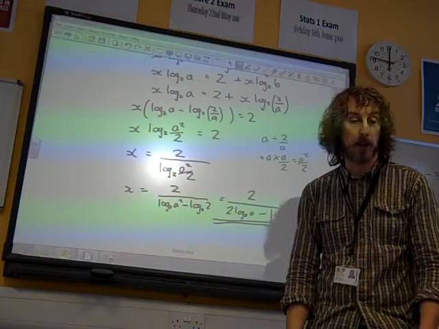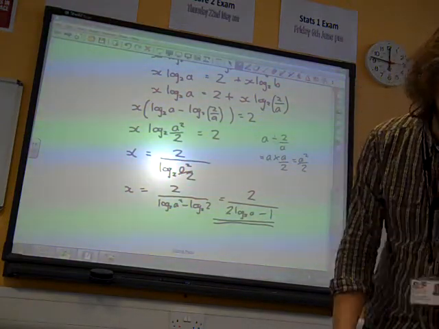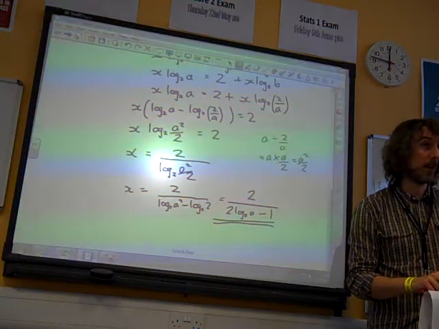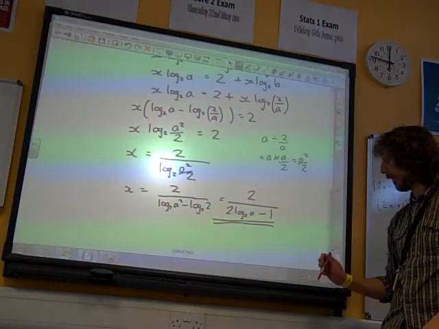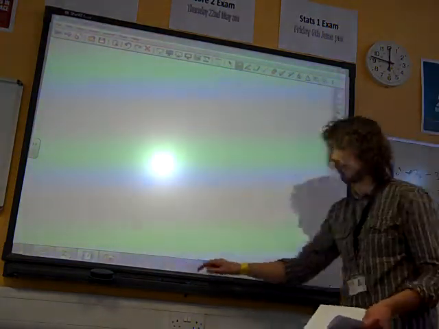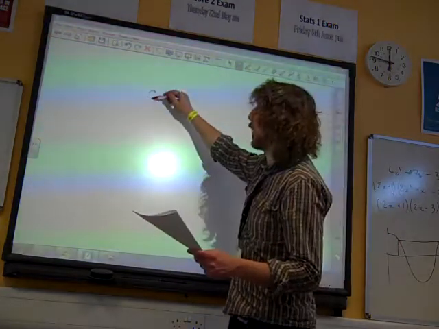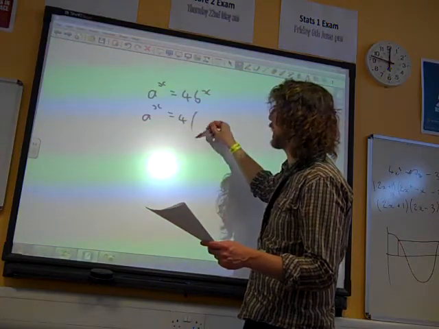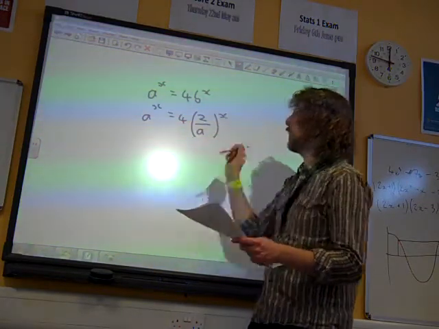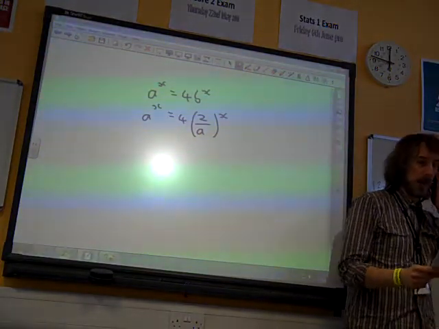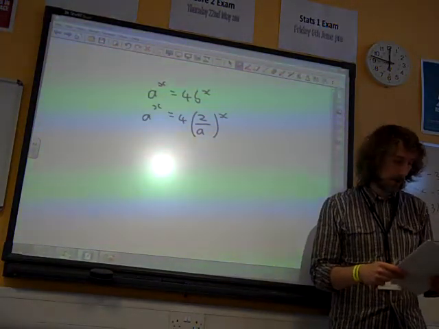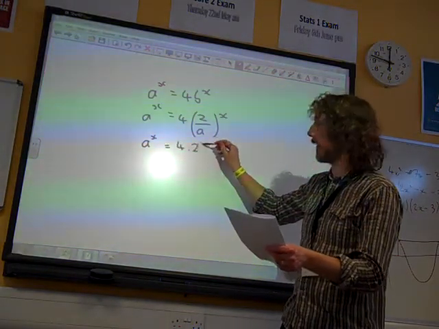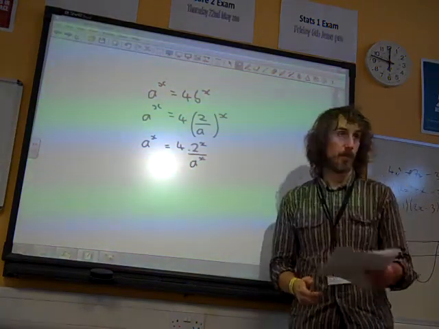It was quite tricky, and there was quite a bit of messing around with the logs to do there. I will just show you, because I did it a slightly different way. I'll just show you how I did it. We start at the same point. A to the x is 4b to the x. I did my substitution straight away of replacing b with 2 over a, which gives me a to the x is 4 times 2 to the x over a to the x.